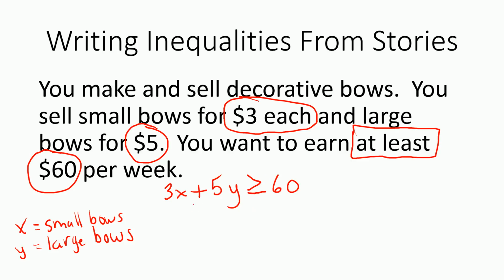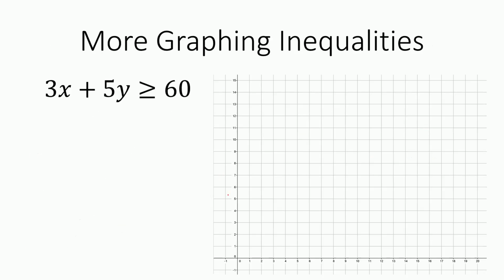So now that we have this, we can go on and actually graph it on a set of axes. And graphing a standard form inequality, like graphing a standard form equation, has to do with finding intercepts. So I'm going to set x equal to 0 first to get rid of the x term. And then we're just going to focus on the 5y equals 60, because I want to figure out what y equals.